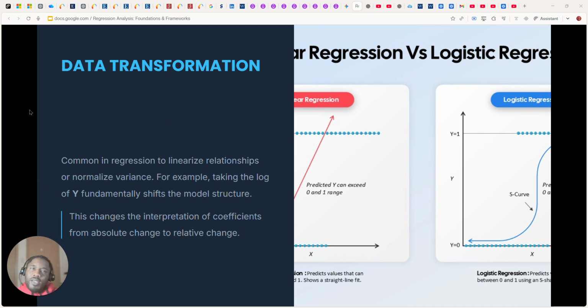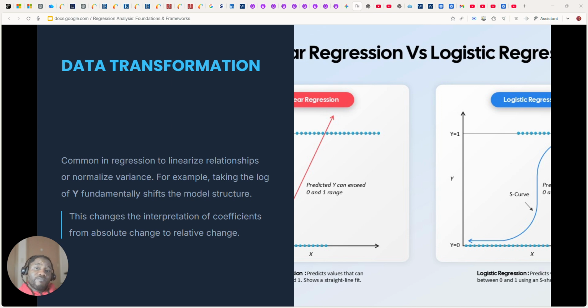So basically, what I'm trying to say here is that sometimes in regression we need to transform variables using logs to make the relationship cleaner and easier to model. The common reason is to make a curved relationship more straight, linearized, and to reduce unequal spread in data, normalize variance.